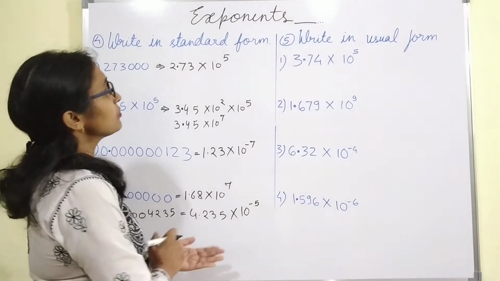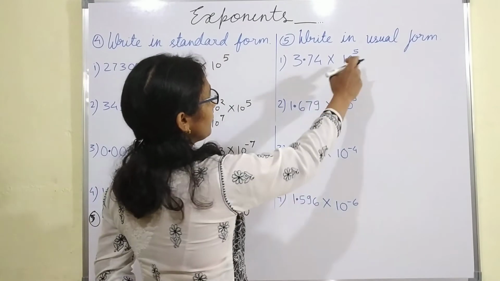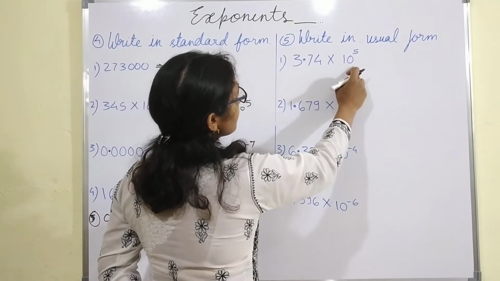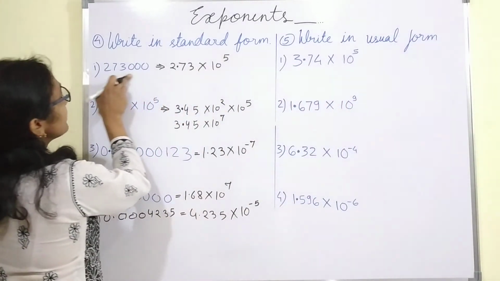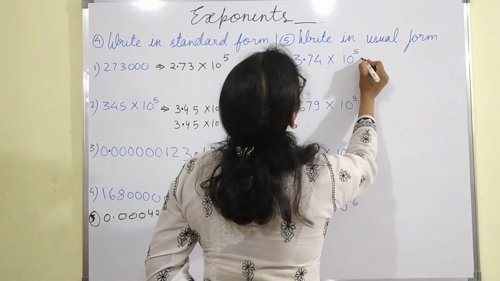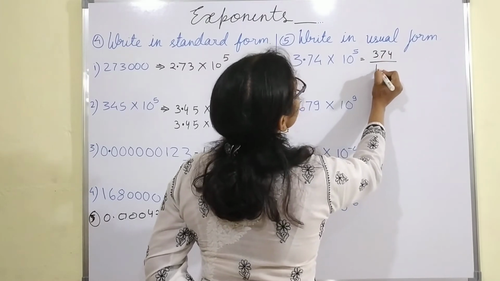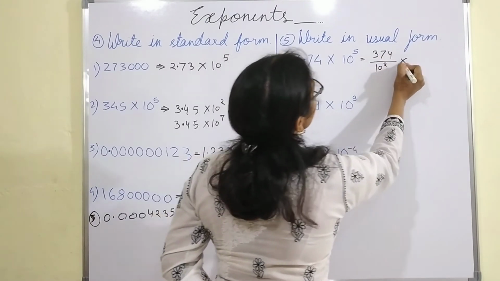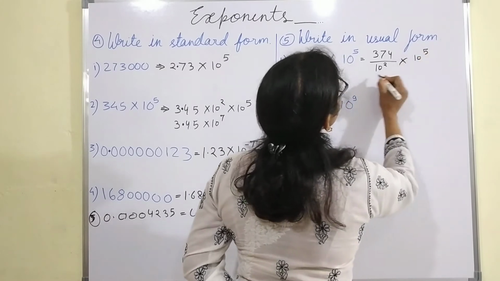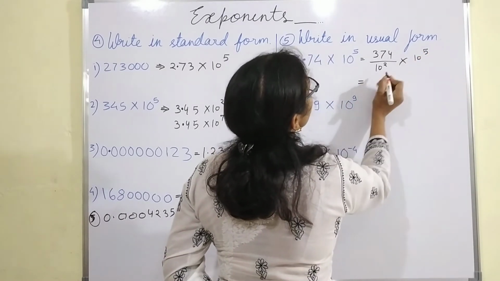Now the next question is write in usual form. So you have to write this number in this form. I am solving this one. 374 upon 100, that is 10 to the power 2, into 10 to the power 5. Then it will become numerator.